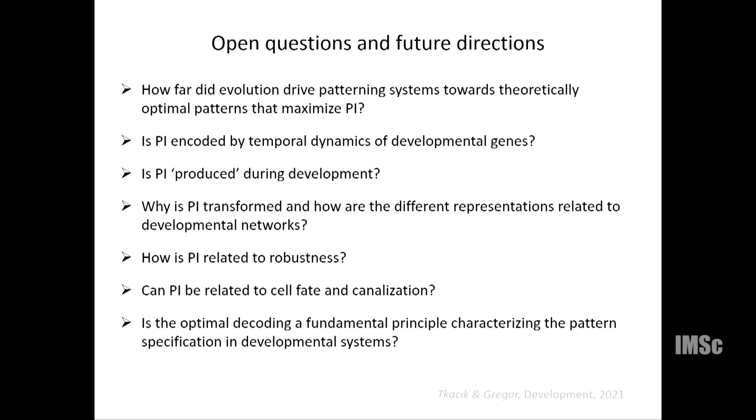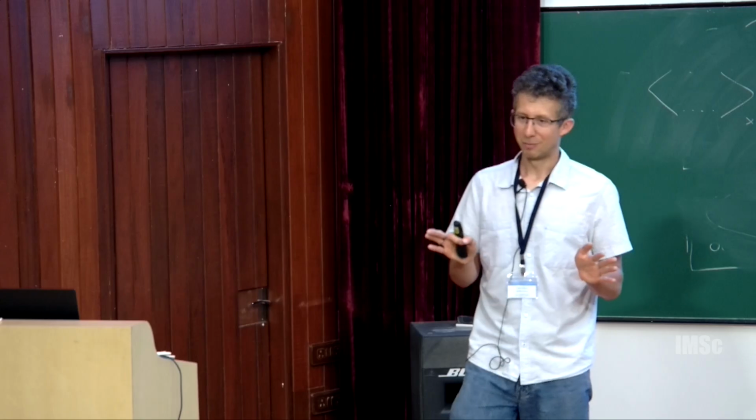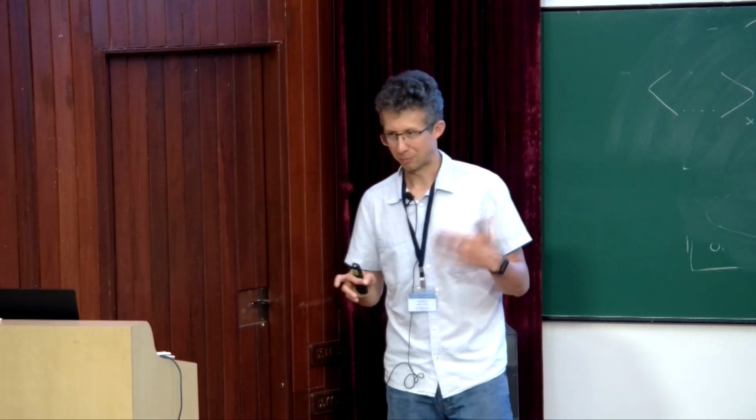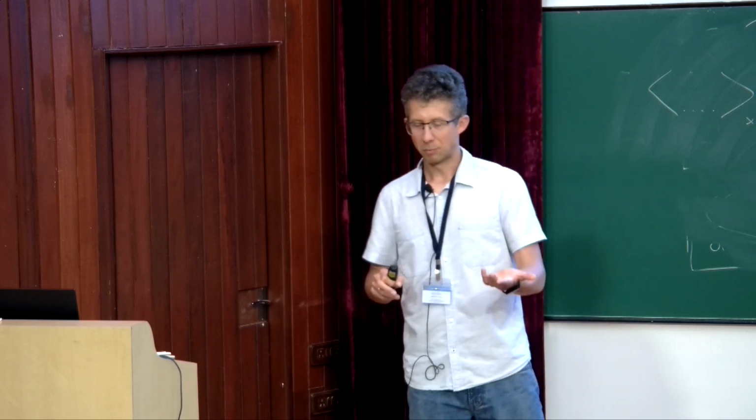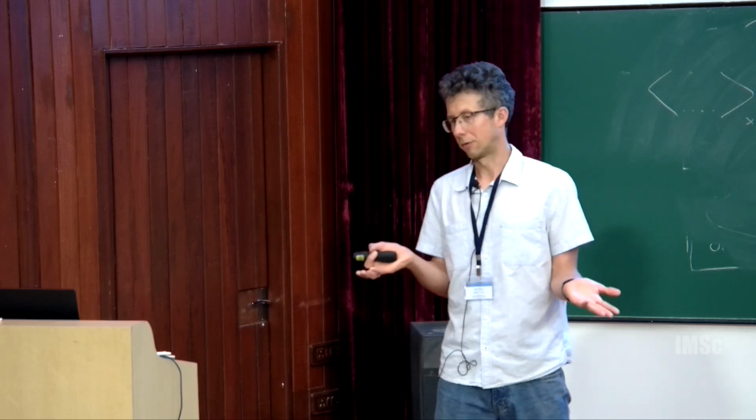One more that I listed here is how this positional information framework is related to cell fate or canalization, because up to now, in the second part of the talk, I made these different colors. So I did discretize my continuous readout, because previously those were the position, implied position, which was just continuous.